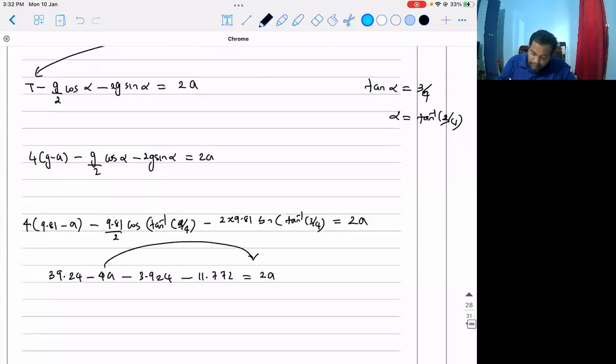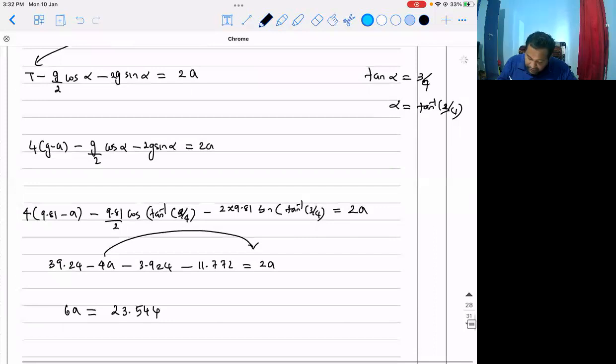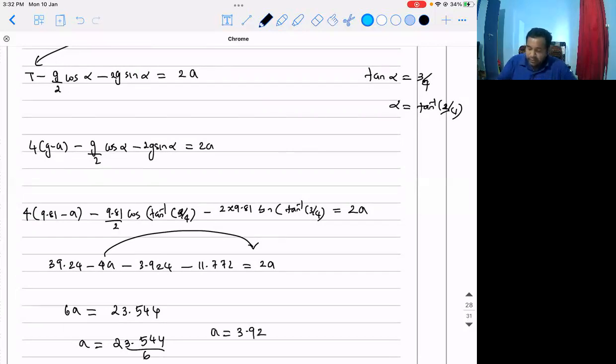So you can bring this minus 4a to this side. So 6a is 39.24 minus 3.924 minus 11.772. 6a is 23.544. So we can calculate the acceleration: 23.544 divided by 6, and that is 3.924. So we got the acceleration as 3.92 meters per second squared.